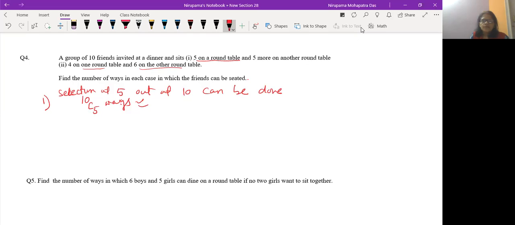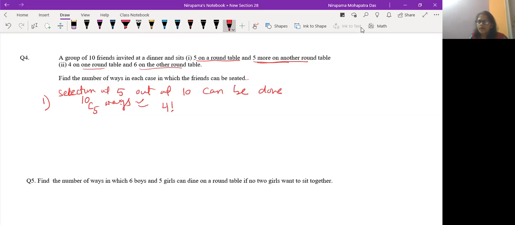Okay, now you see this 5 can be seated around the round table in factorial 4 ways, right? And 5 more on the other round table. But these 5 we are not selecting again because out of 10 we have already selected 5.